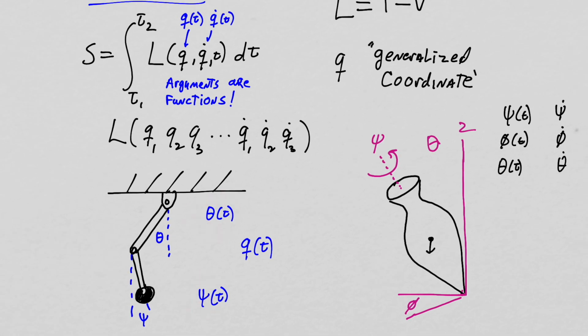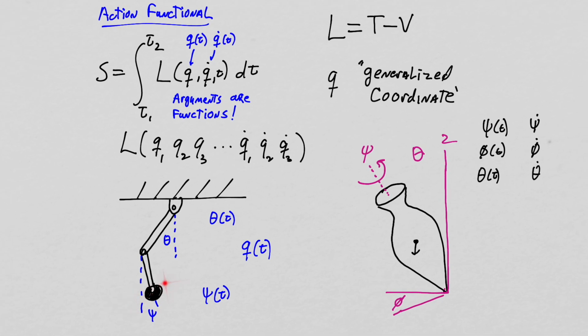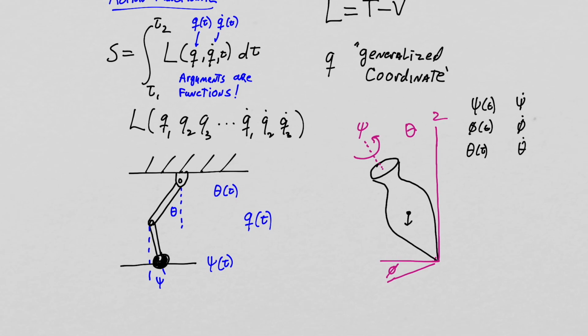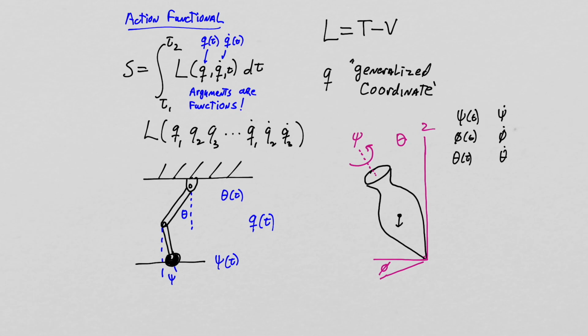So even if we say, for example, the potential energy is going to be the height of this weight above a certain reference height, well, I can express that height as a function of theta and phi, but if I don't know theta of t and phi of t, I can't write down V as a function of time. And if I can't write it down as a function of time, I certainly can't integrate it. So that's really not how this is done, right?